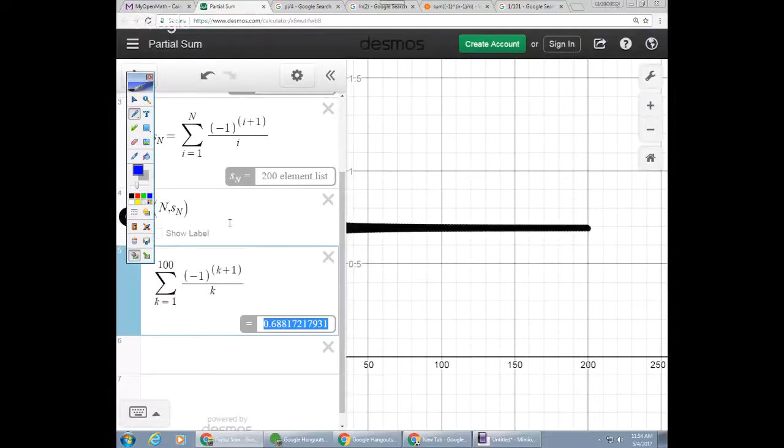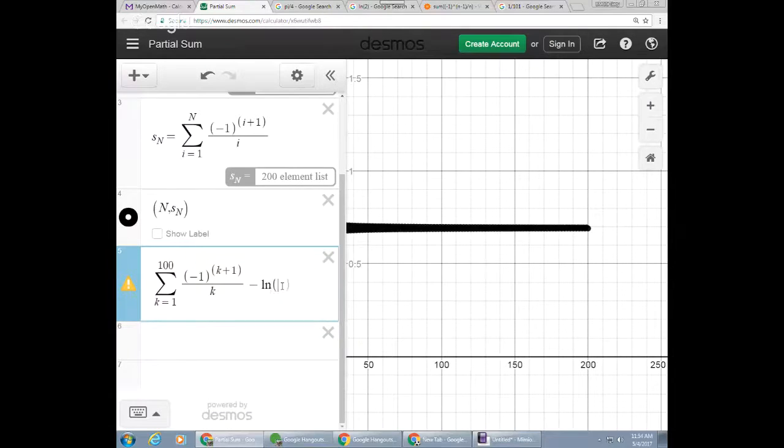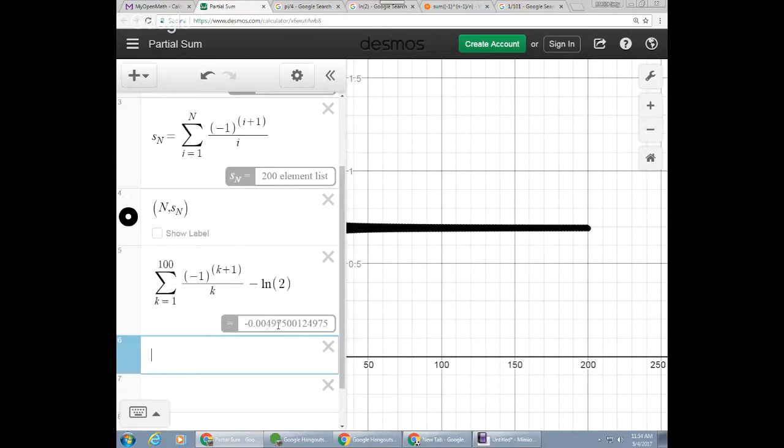If I take that partial sum and subtract the natural log of 2 from it, I should find that number in absolute value is smaller than 1 over 101. 1 over 101 was 0.0099, and this is 0.005-ish. So yeah, it works.